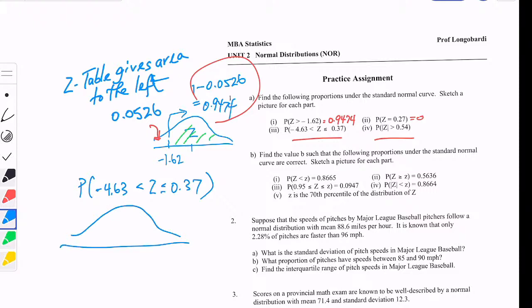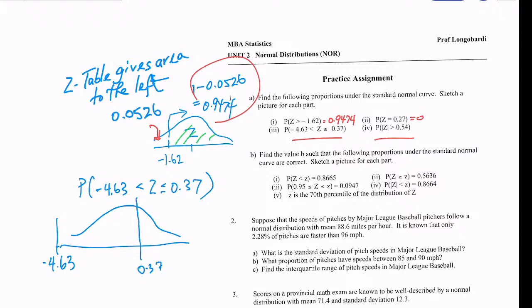Negative 4.63 is further away than we're used to, and 0.37 should be close to 0, but on the positive side, because 0 is in the middle. And what I want is the chance of being between those two.